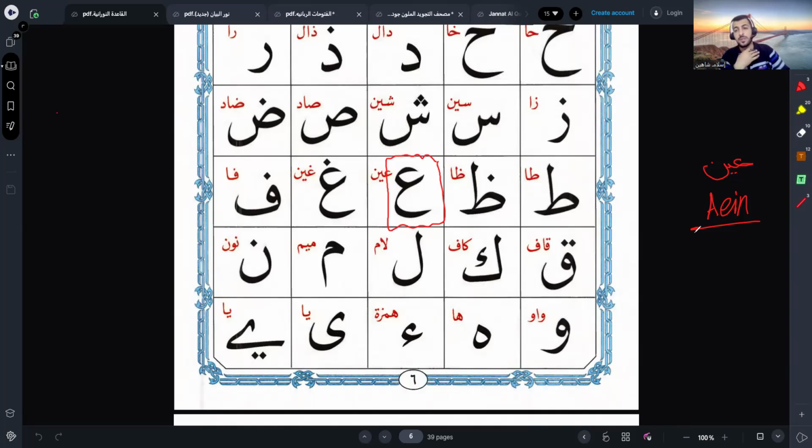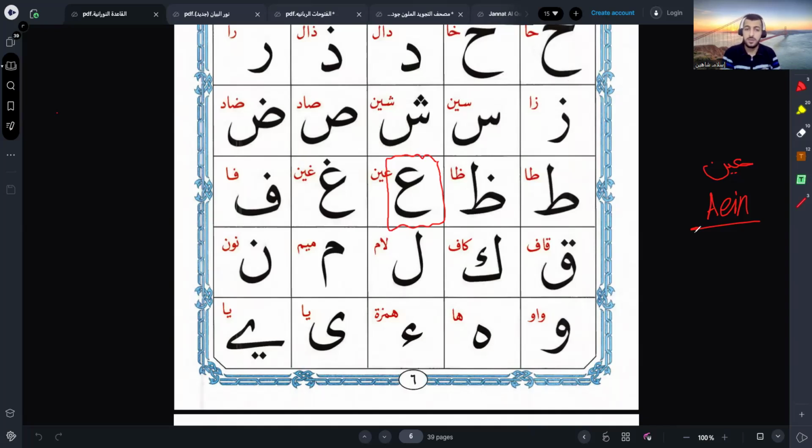I focus on the tone of Ain because it's a little hard for non-native speakers. This is totally different than the Hamza sound. We have the Ain sound, and we have the A sound, which is the Hamza sound. We're going to come to it.